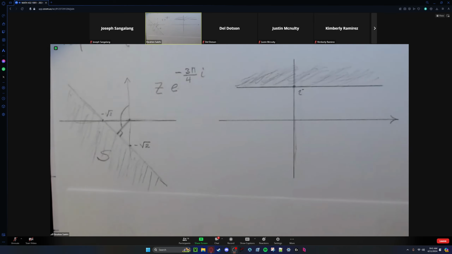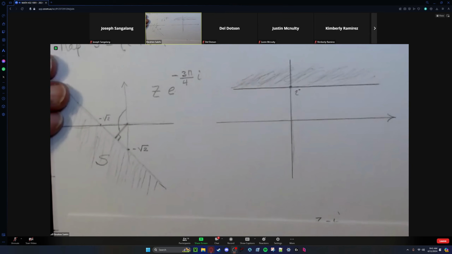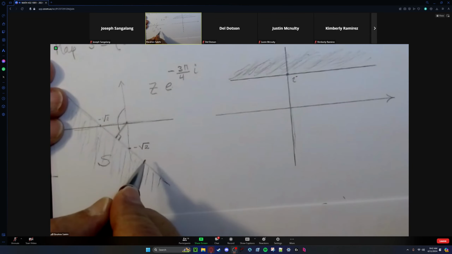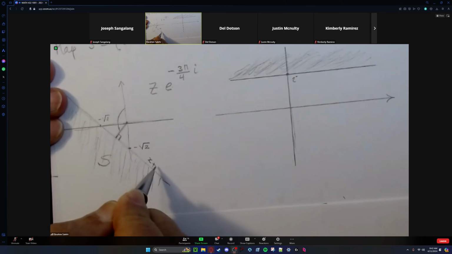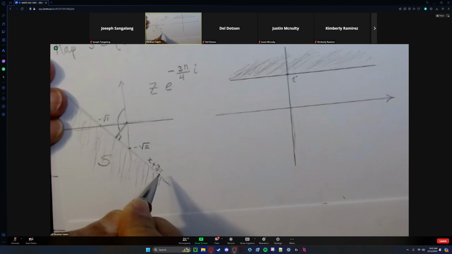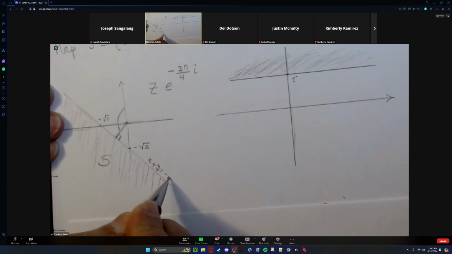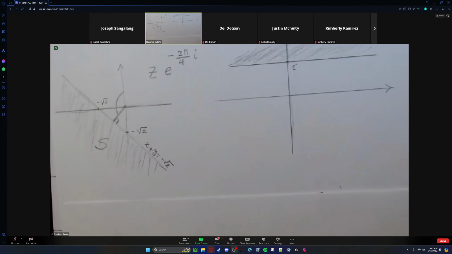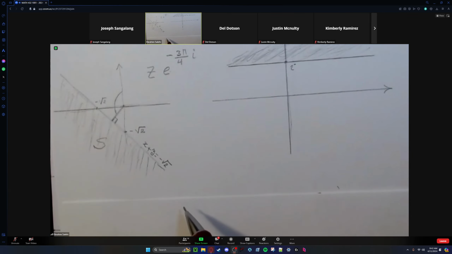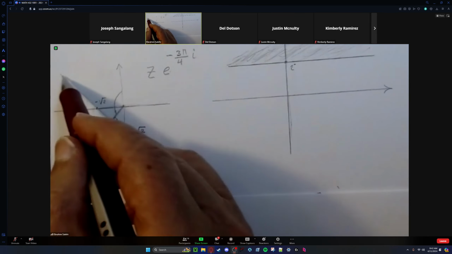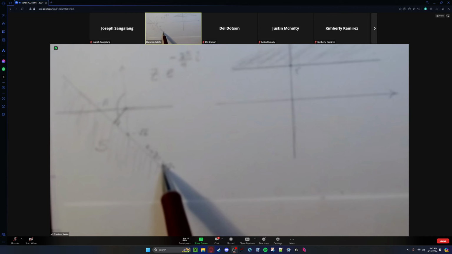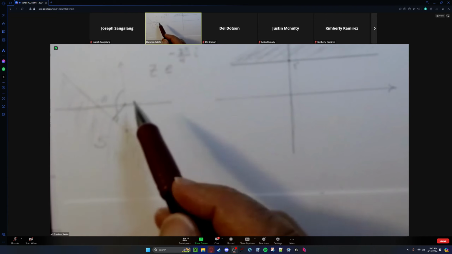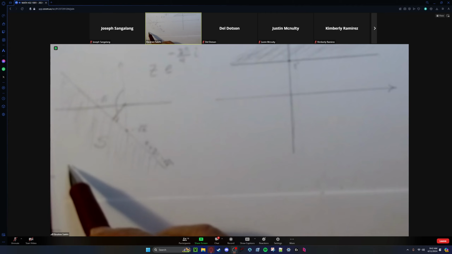Let me write the equation on top of it. Okay. This is x plus y equal. The line itself is this. But this line is going to divide the plane into 3 parts. On the line, you have equality. So we have this side and this side.